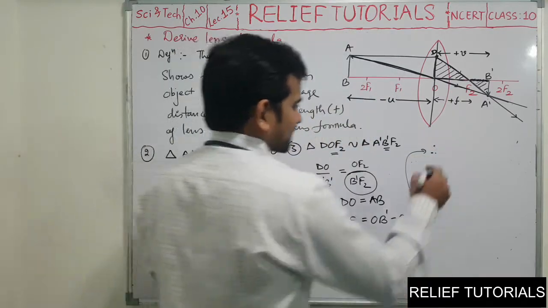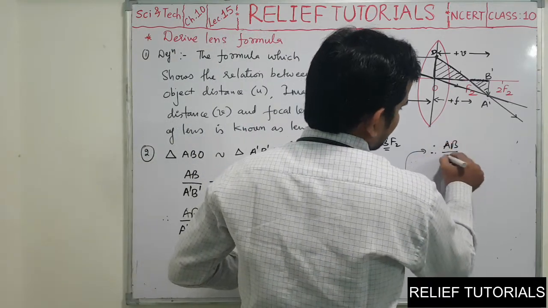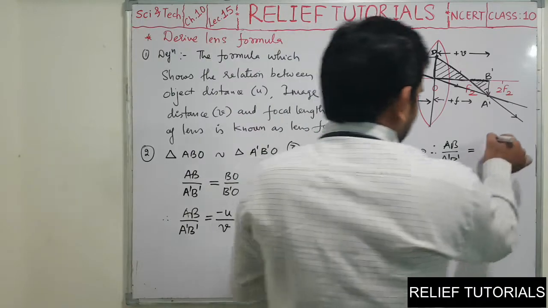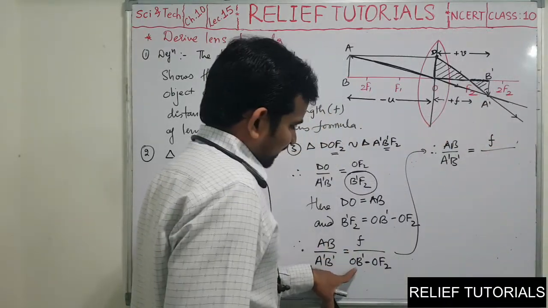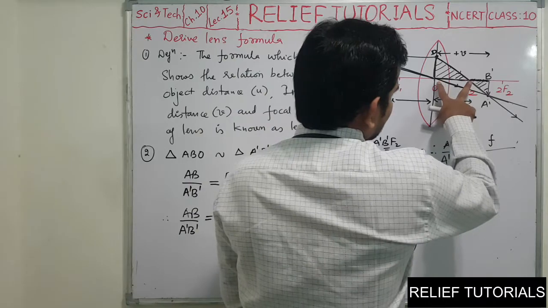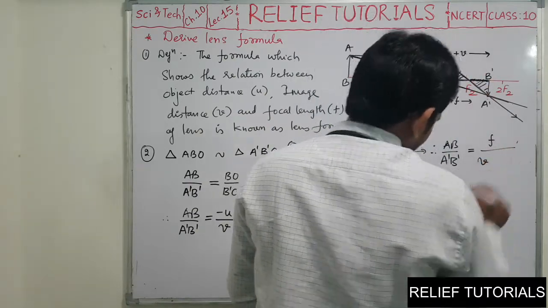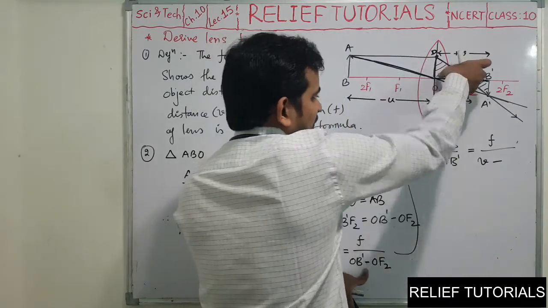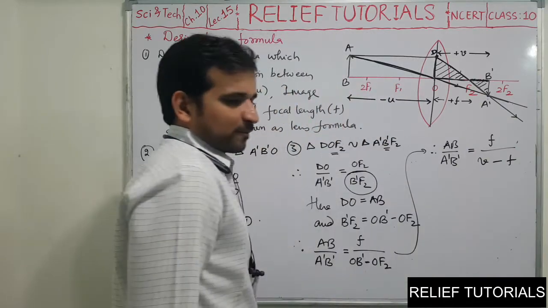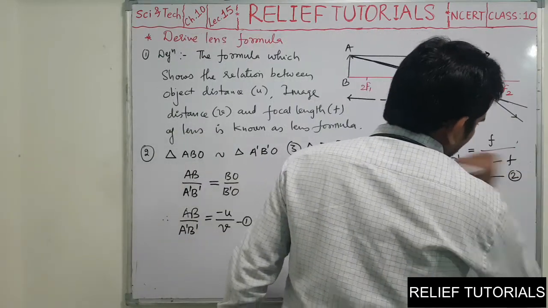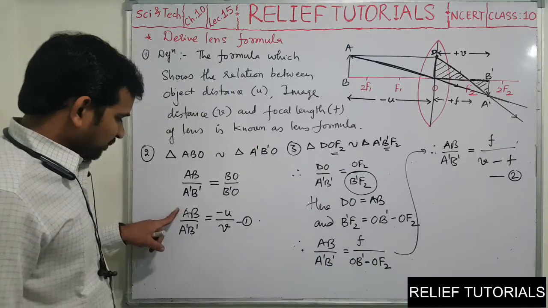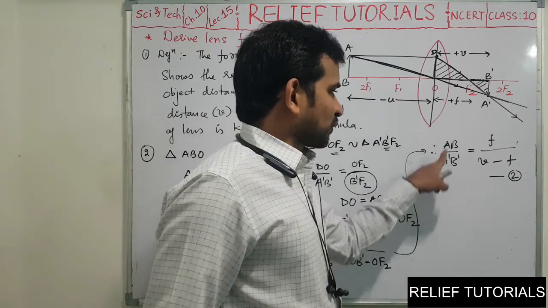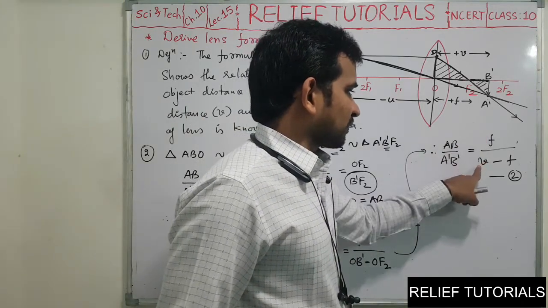Therefore AB upon A dash B dash is equal to F upon OB dash, which means image distance, so that is positive V, minus OF2, which is positive F, so it is F. Result number 2. Result number 1 is AB upon A dash B dash is equal to minus U by V, and result number 2 is AB upon A dash B dash is equal to F upon V minus F.